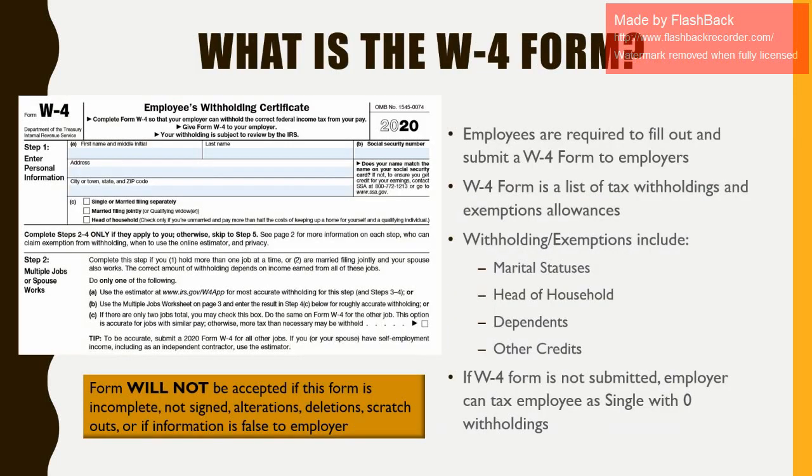Okay? Second thing is you need to collect a W-4 form from employees. Now, this is very important because a W-4 form pretty much tells you what the status of the employee is, whether they're filing jointly or separately. Do they have kids?